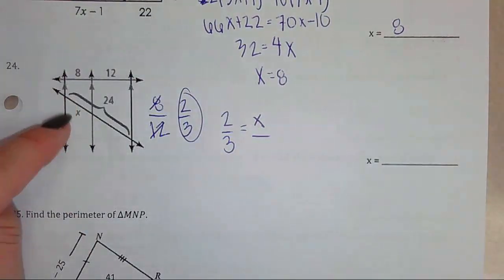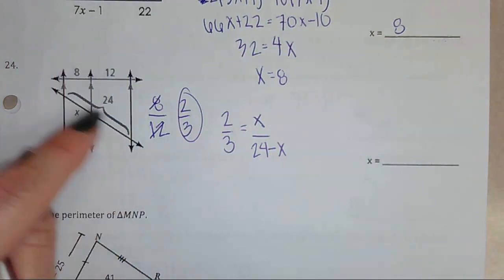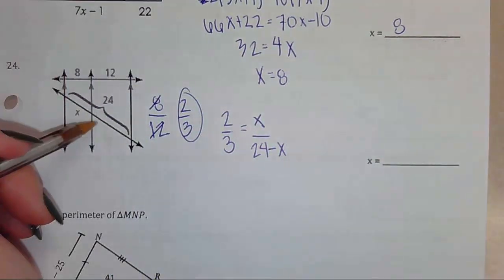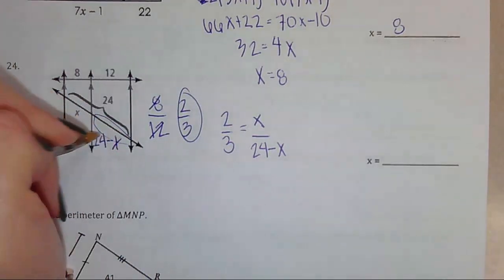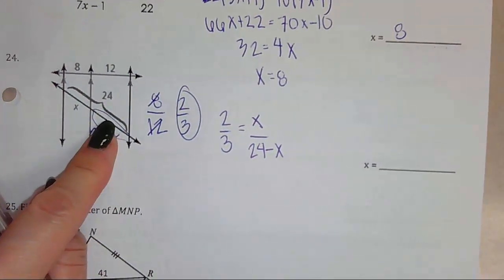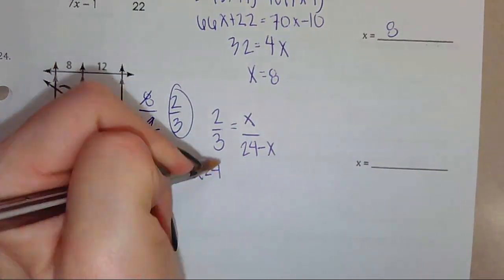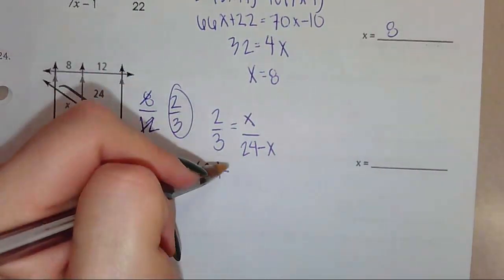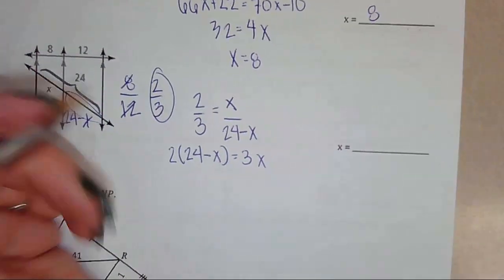and then this whole segment, 24 minus x, which will be this piece right here, 24 minus x, right? That represents this piece. And then I'm going to cross multiply. So 2 times 24 minus x equals 3 times x. I'm going to distribute.